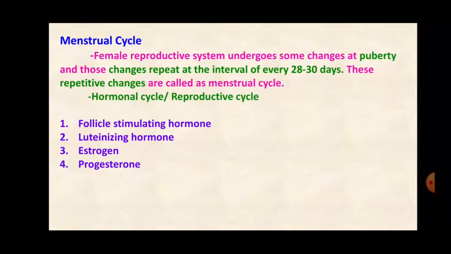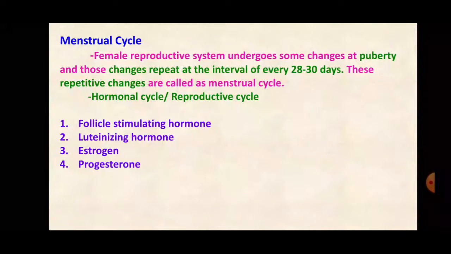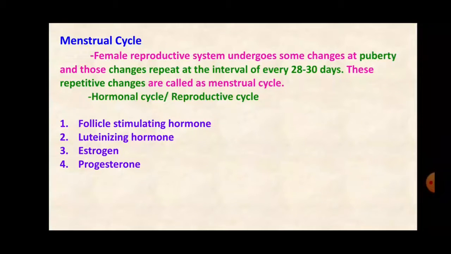Any imbalance in any of these hormones will drastically affect the female reproductive system as well as the health of the female. Now we will study diagrammatically how this cycle takes place, what is the role of these hormones, and what happens when these hormones are secreted. Clear?